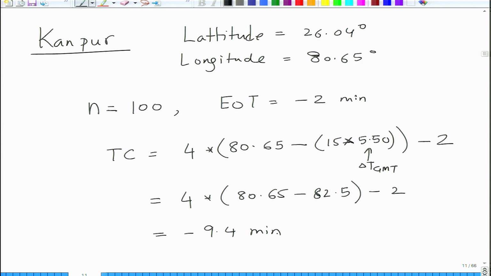So essentially the time correction on the 100th day of the year is minus 9.4 minutes, which means that your solar noon is actually at something like 11:50 AM instead of 12 PM.